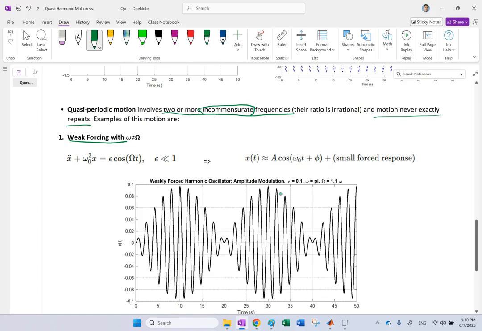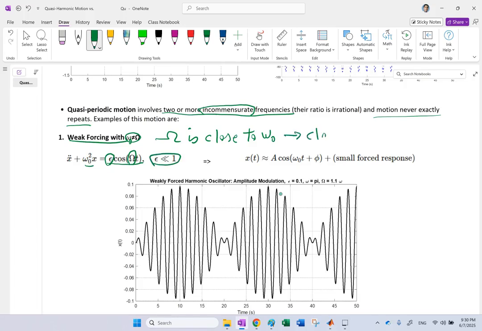So if you have a mass spring damper system with an external force where the exciting frequency is not equal to the natural frequency, but it is very close to it, so omega is close to omega naught, it's close to a resonance, but not exactly, and the magnitude of this exciting force is small.